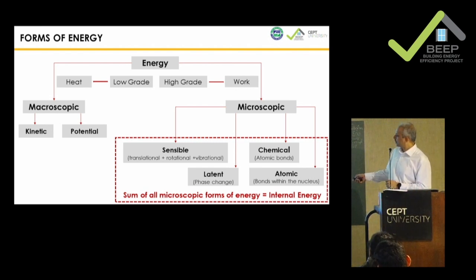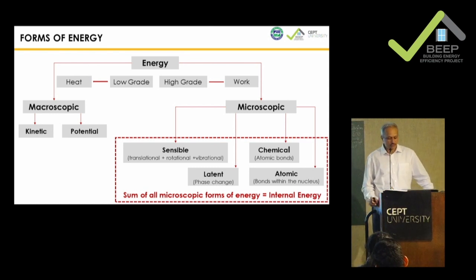We do not talk about chemical or atomic bonds, or atomic energy with the bonds with the nucleus, and so on. When it comes to buildings, we try to look at sensible energy and latent energy, and sometimes we turn these into sensible loads and latent loads.